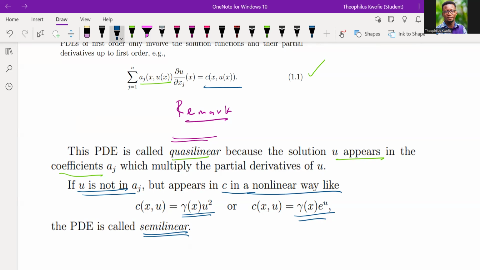I also want to mention that U to some power greater than 1 becomes nonlinear. An example is this particular one, and this as well, because e to the power U becomes nonlinear. In such instances, we say it is called semi-linear. So let's take note. These are very important and fundamental things that I want you to keep in mind.